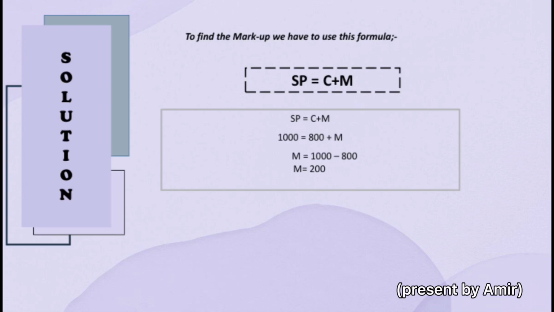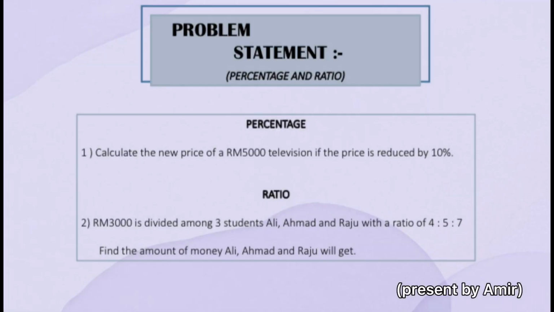If you want to find the M, you must do 1000 minus 800 and you will get 200 ringgit. If you want to find it in percentage, you must do 200 divided by 1000 and multiply by 100 and you will get 20%.